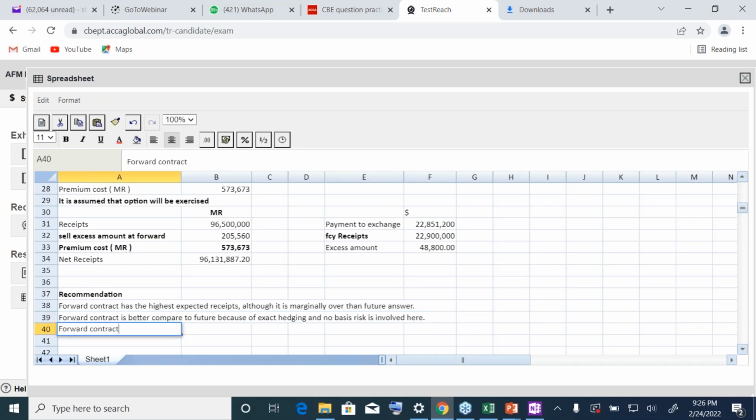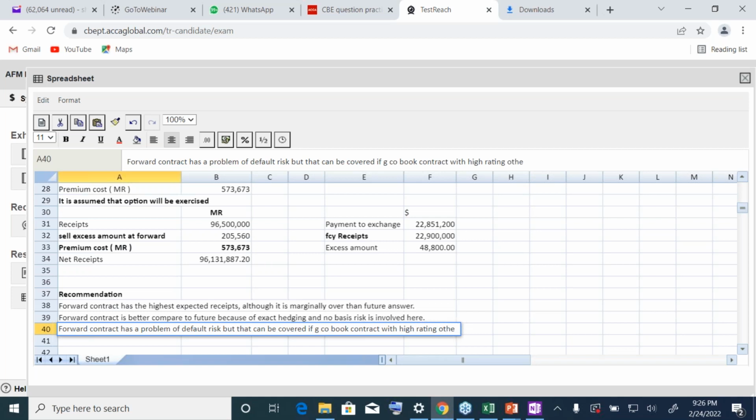Forward contract has a problem of default risk, but that can be covered if G company books the contract with a high rating counterparty.